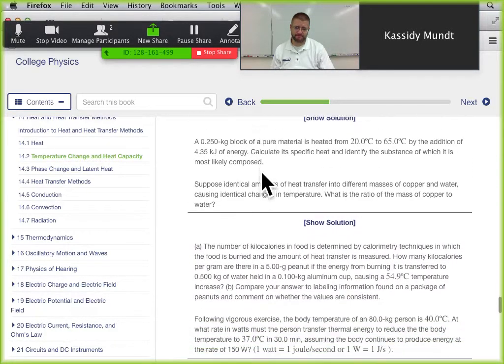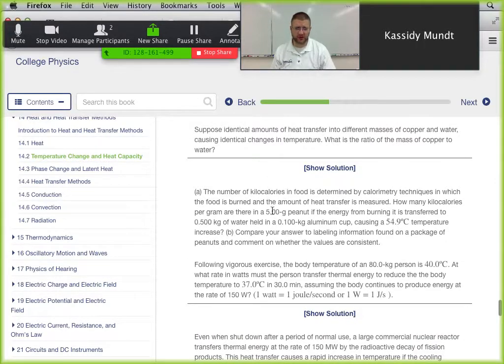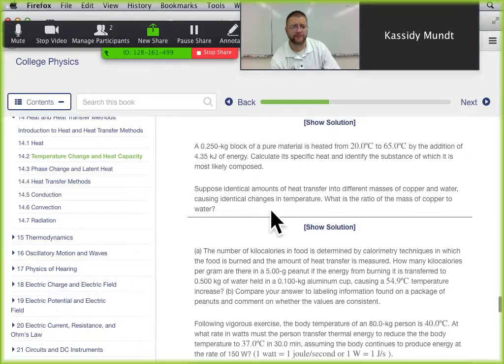That's correct. And then what's the next one we did? Kilocalories in food. Find the number of kilocalories in food determined by calorimetry techniques. Okay. And remember, for the heat equations, we do have different constants. One constant is used for calculating in joules, one for calculating in calories, in kilocalories, I think.